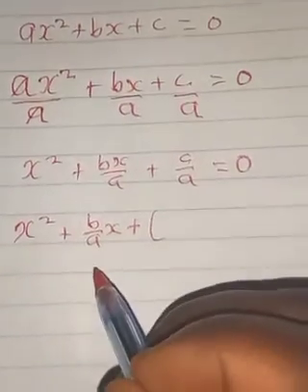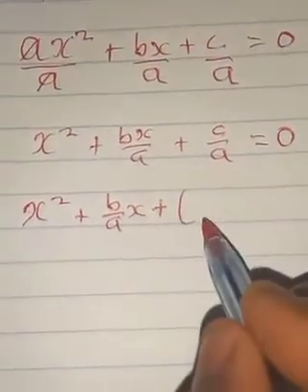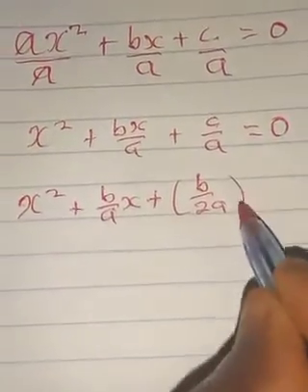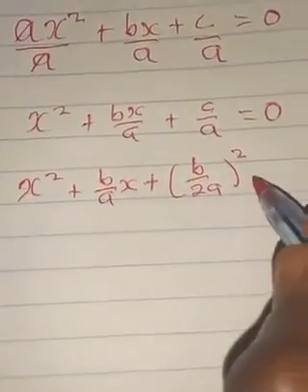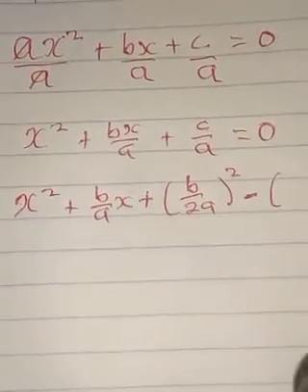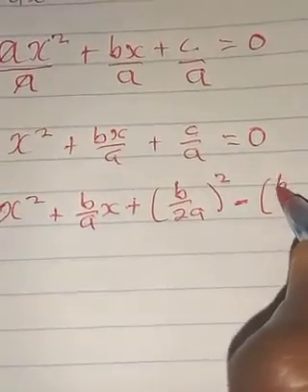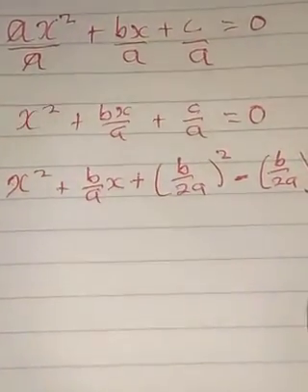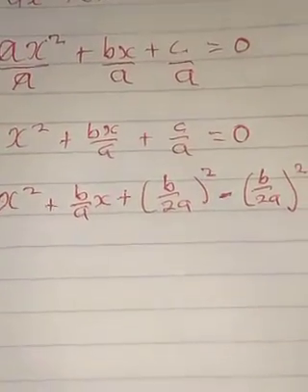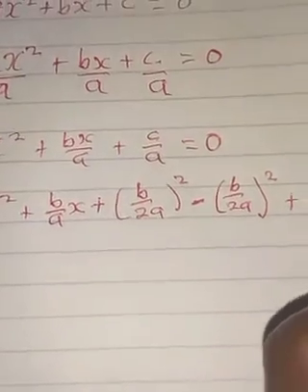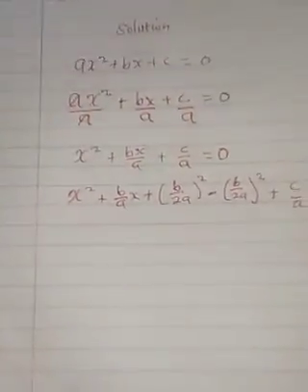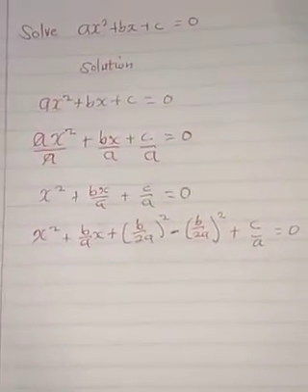Half of b over a is going to give us b over 2a. You square it, you subtract it. The same way we are going to get b over 2a, you square it, plus c over a. It is equal to what? 0.